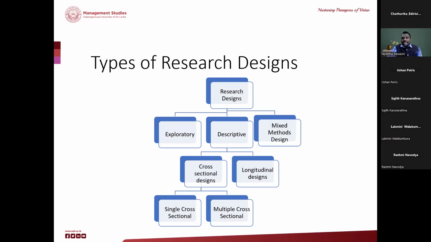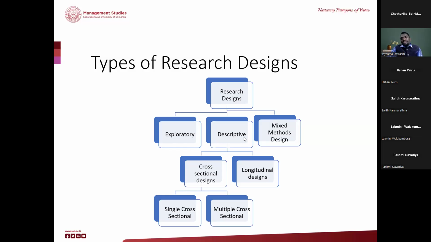And also you can see descriptive research designs, which are the quantitative research designs. And also you can see mixed method research designs as well. As I stated, there are 6 designs under the qualitative exploratory research design, 6 designs under the explanatory or descriptive research design, and again 6 sub-designs under the mixed method design as well.